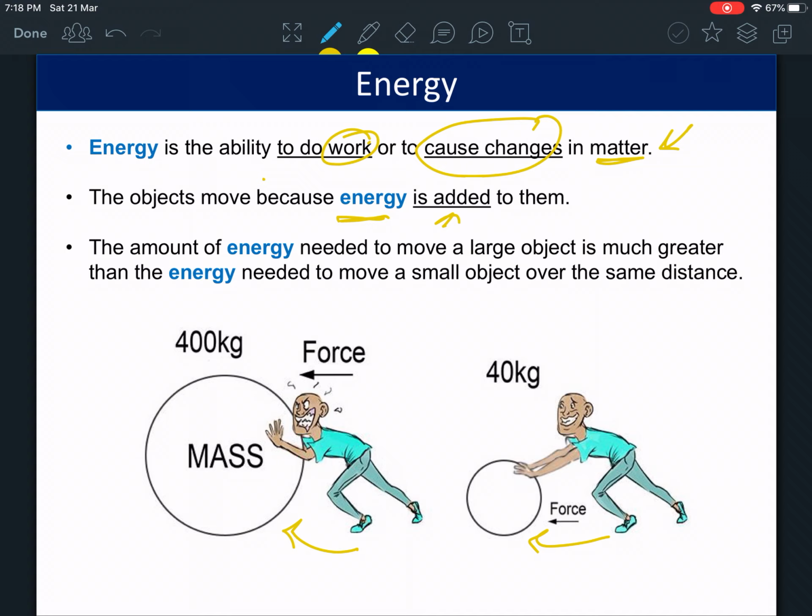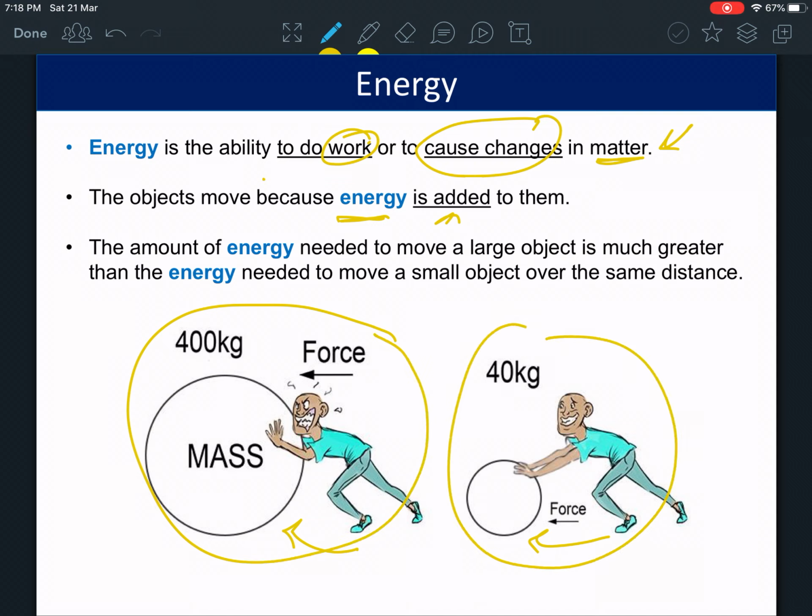The answer is no. Now, the amount of energy needed to move a large object is much greater than the amount of energy needed to move a smaller object. Look at this, for example. These are two men.